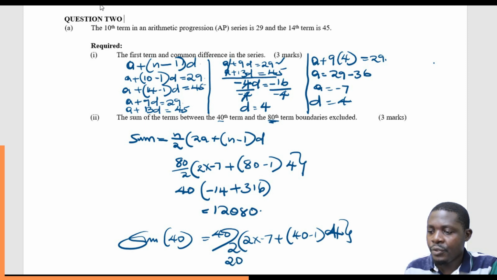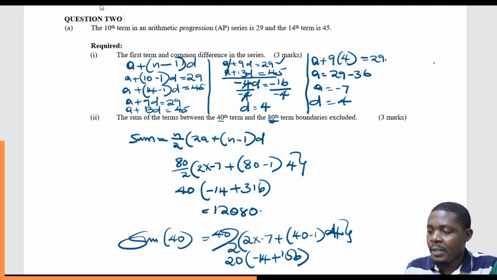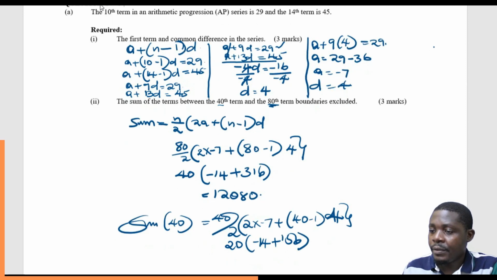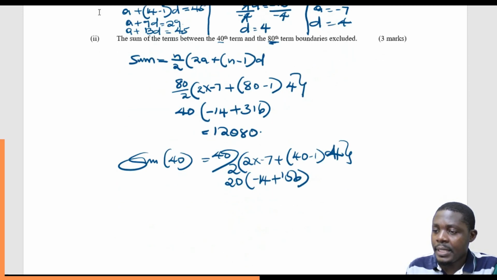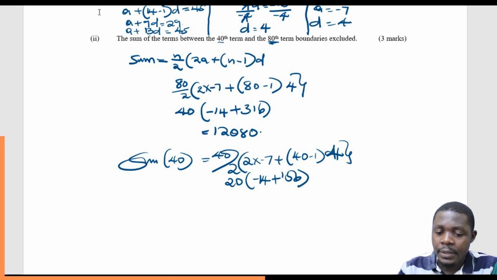In this case we have 20 into negative 14 plus 39 multiplied by 4, which is 156. Now we have 156 minus 14, and we multiply the answer by 20, which gives 2840.